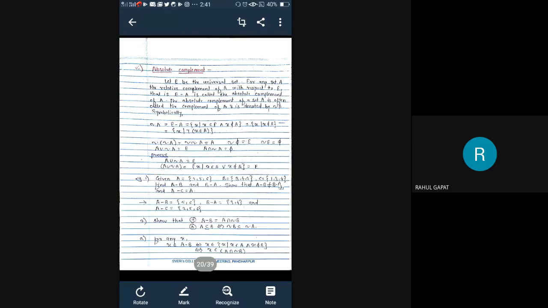Again, B minus A means what? The set of elements those are in B but not in A.